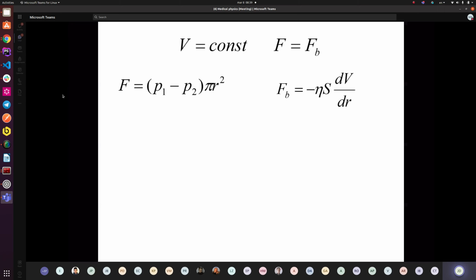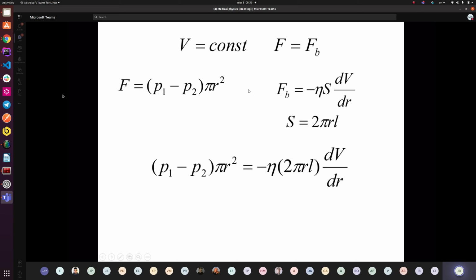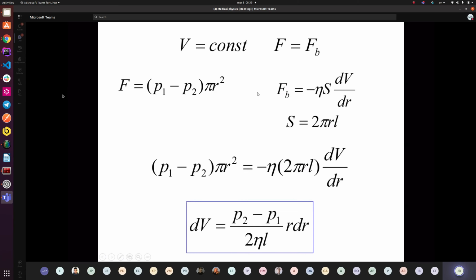If so, we can write immediately that this one is equal to this one, and this is a formula that describes this equilibrium. From this formula, we can get dV. This is for the case of homogeneous motion, when the velocity is a constant.